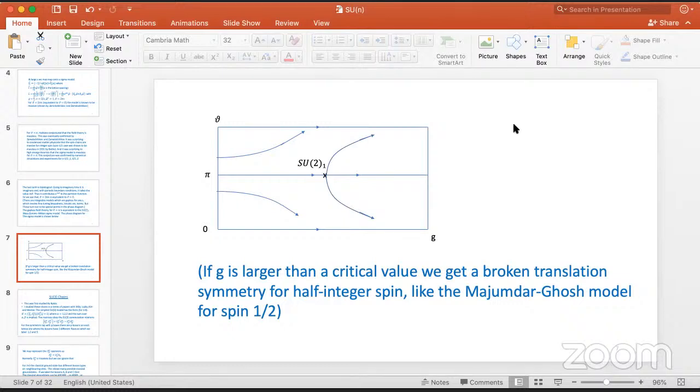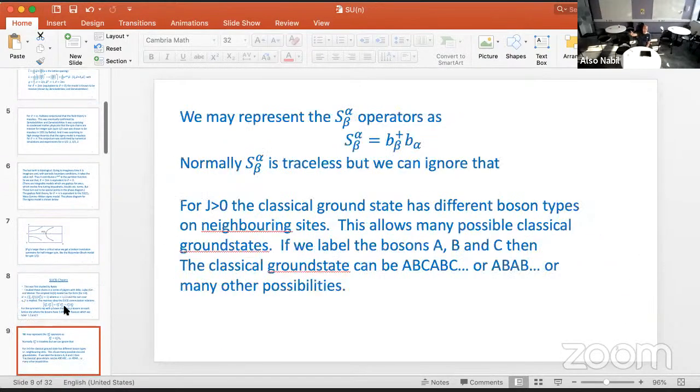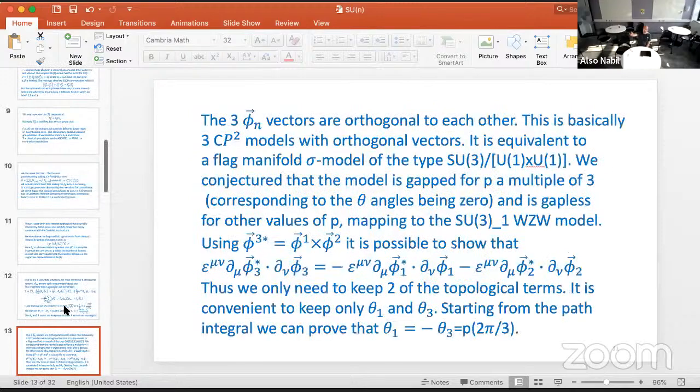Other questions? Actually, could you elaborate? I think I got lost when you were trying to argue similarly to the SU(2) case. In the O(3) nonlinear sigma model, you break down the symmetry down to U(1).